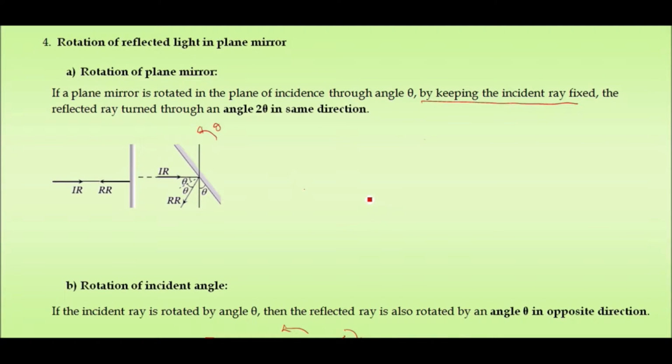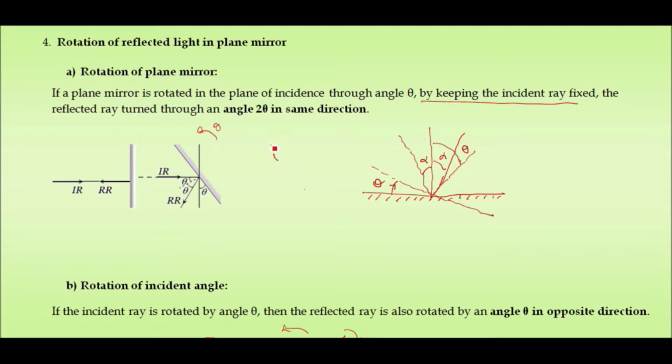Suppose this is a plane mirror, and this is our incident light ray which is making an angle alpha with the normal. So the reflected light ray is also making an angle alpha. Now suppose we shifted the mirror by an angle theta. Then the normal will also be shifted by an angle equal to theta.